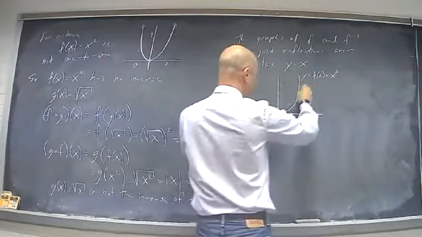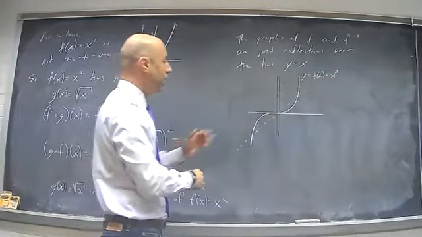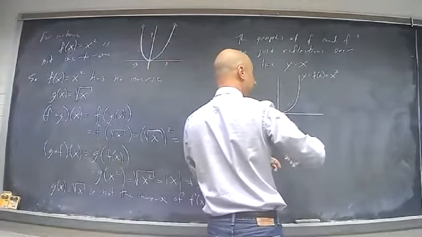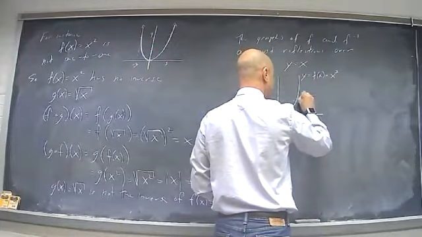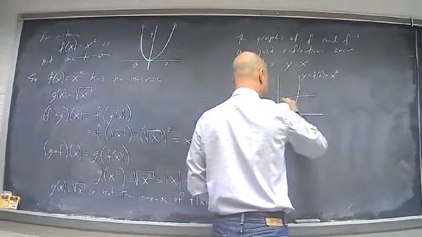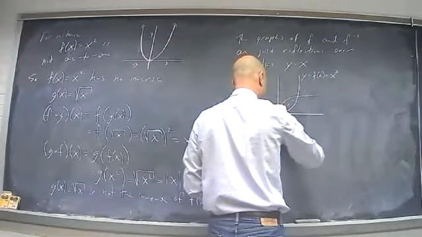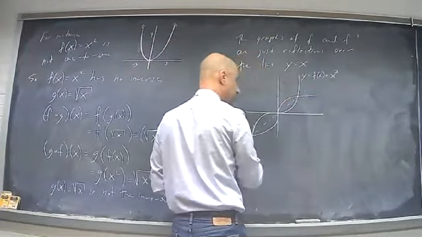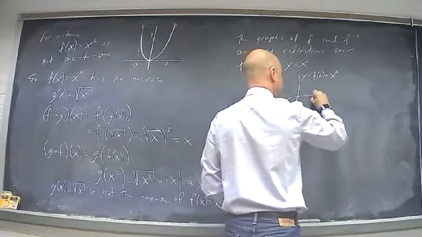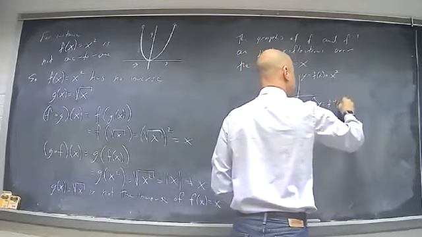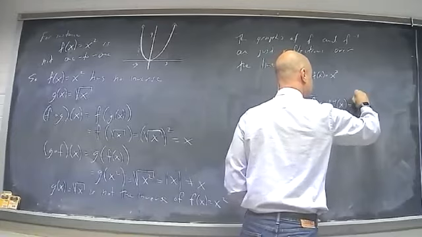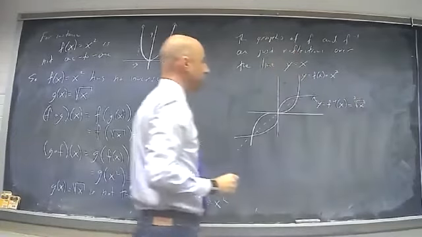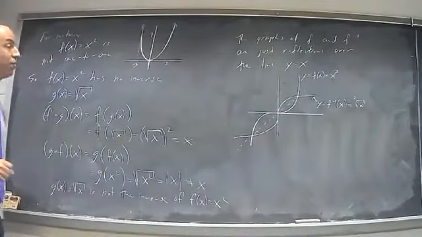Just imagine y equals x as a mirror and take the curve's mirror image over that line. So it looks a lot like this. So here's y equals f inverse of x, which you might have correctly guessed is the cube root of x. They're just mirror images of one another.